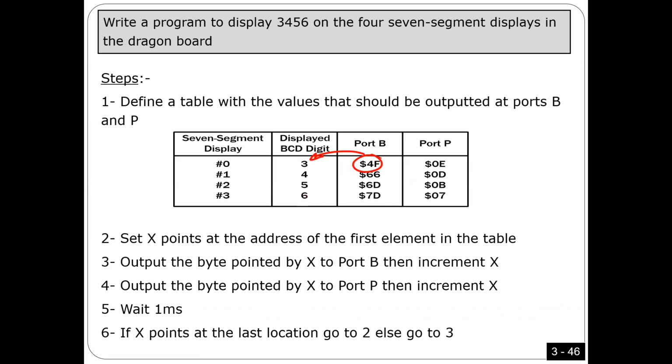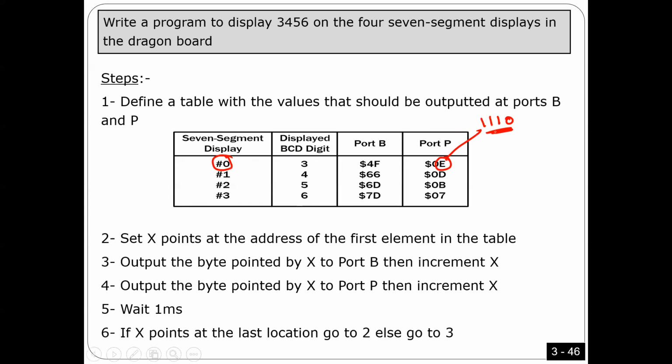Okay. However, you also have to put some number on port P. Why do you have to put some number on port P? Because when I display number 3, display 0 has to be on. The other ones are off. You get what I'm saying? To do that, I put here E. E means 0, 1, 1, 1.